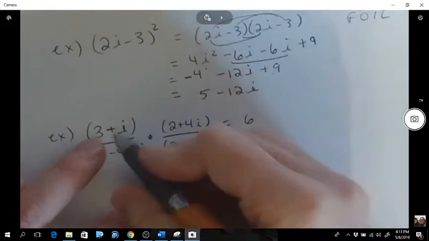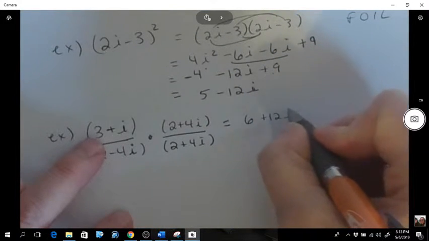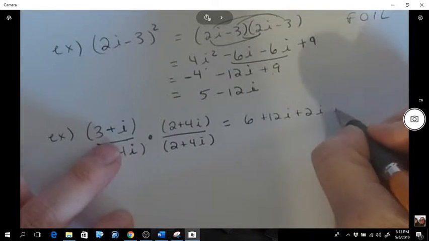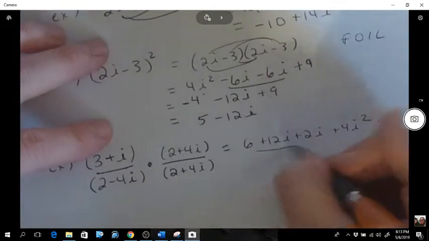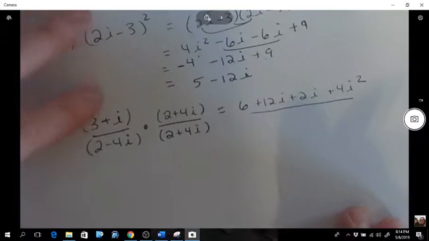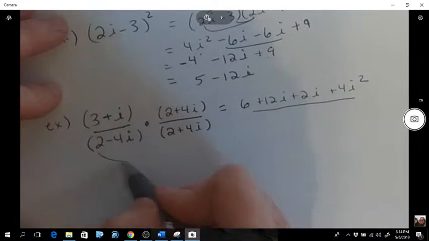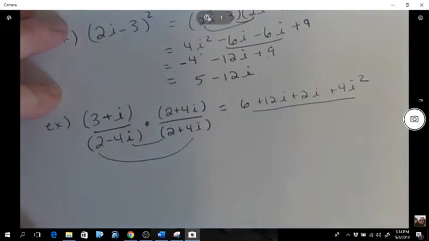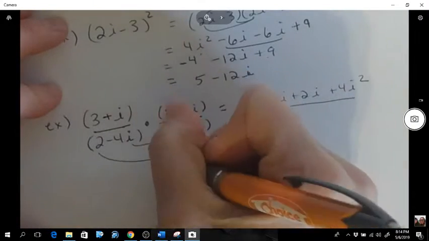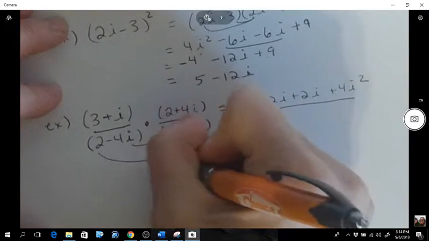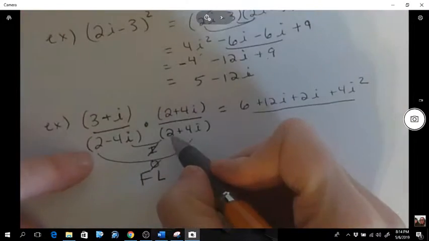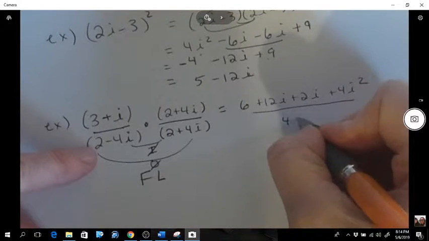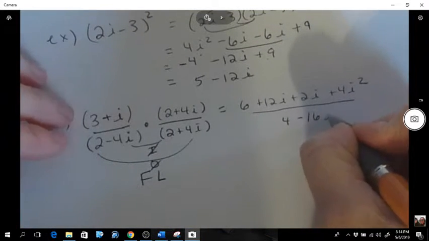Okay, so now we FOIL. So 6 plus 12i plus 2i plus 4i squared. Okay, and then on the bottom, we understand with conjugates that the outsides and insides will always cancel. So when we do conjugates, we do the first and last instead of FOIL. So this becomes 4 minus 16i squared.